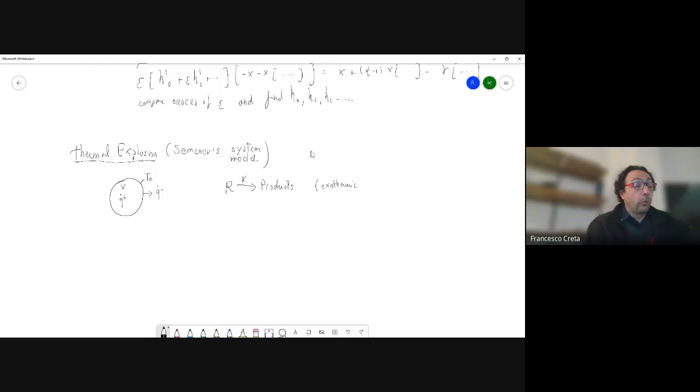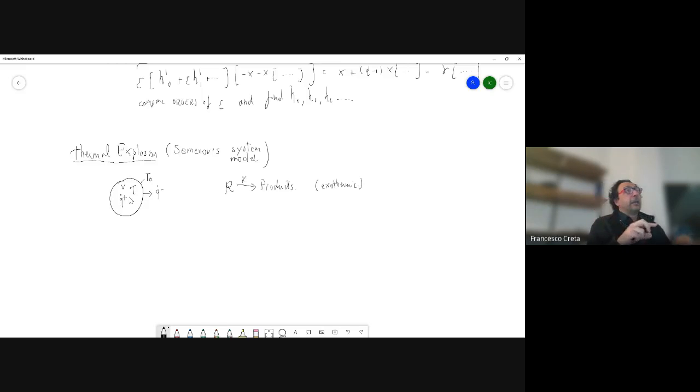So we want to understand under what conditions we will have an uncontrolled increase in temperature, which we will indicate as T, okay? So in some sense, you have the competition of two phenomena, okay, which depend on temperature in a completely different way, okay?